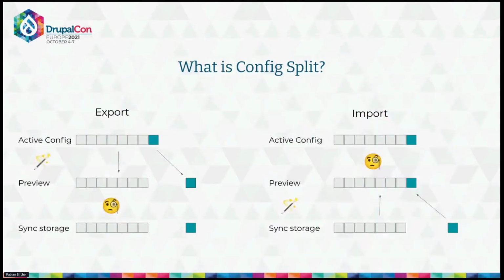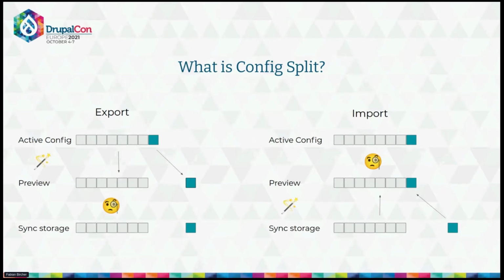So what is config split? A very basic introduction that, if you have used config split, you should be familiar with, but I think it's still good to understand this concept. Since Drupal 8.8, there is the configuration transformation API that makes it so that modules like config split can interact with the import and export of configuration.